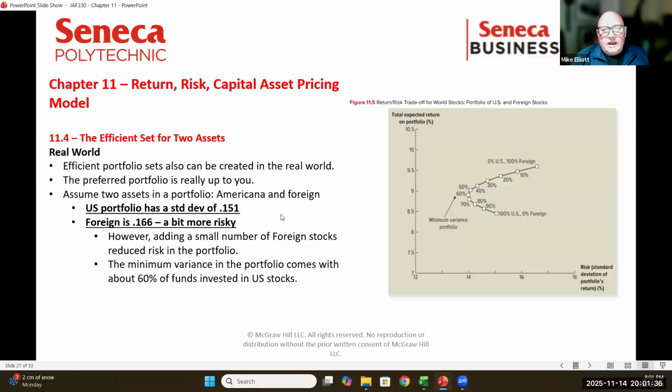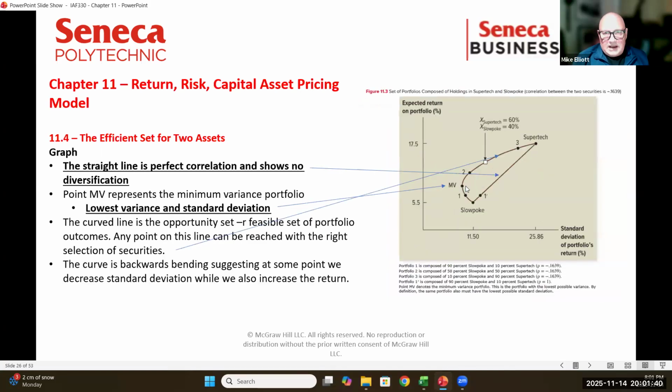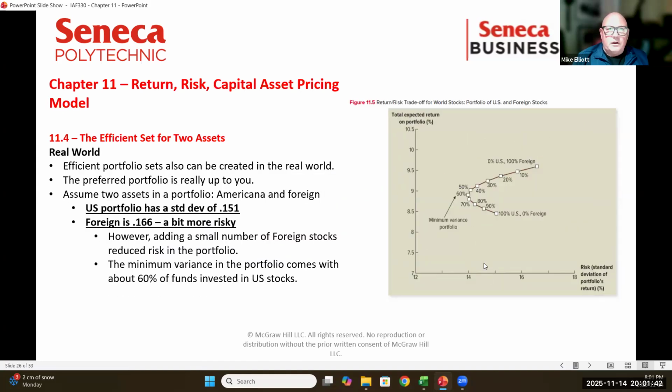So in the real world, we end up with this sort of set, but we look at combinations of 100% US equities and 100% foreign equities, so non-US equities. And I know this is a US, and I know we're Canadian, but the theory holds. As we vary that portfolio, we can create combinations of those two securities.